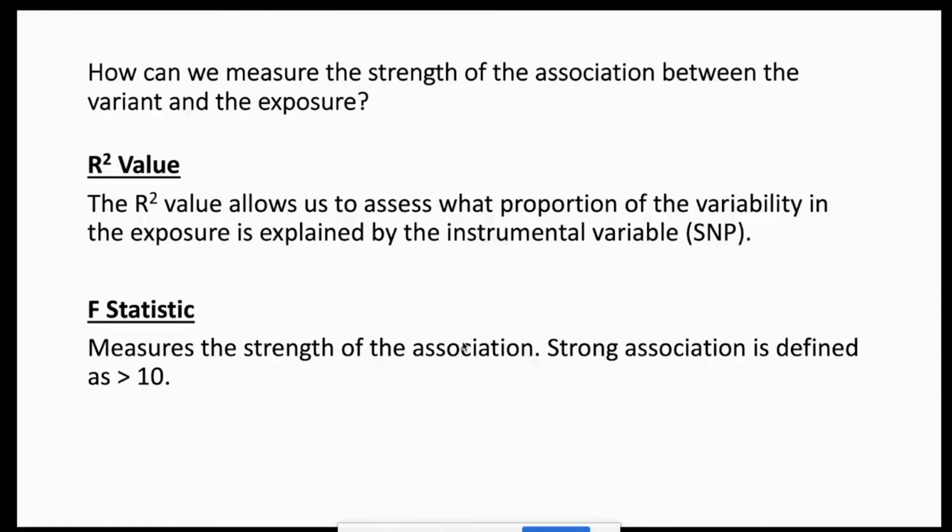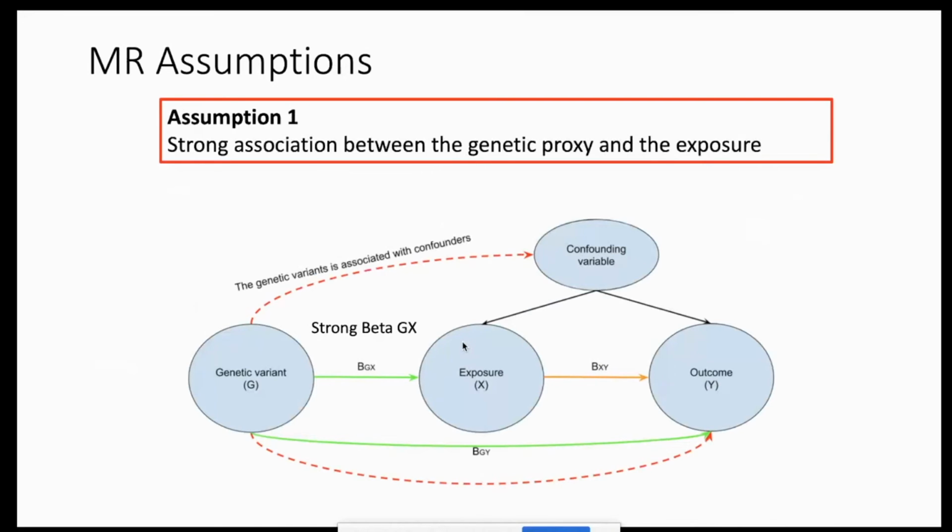The F statistic is another measure of the strength of the association, and by convention, if it's greater than 10, we consider the association to be strong. So assumption number one of a Mendelian randomization study is that the genetic variant must be strongly associated with the exposure.